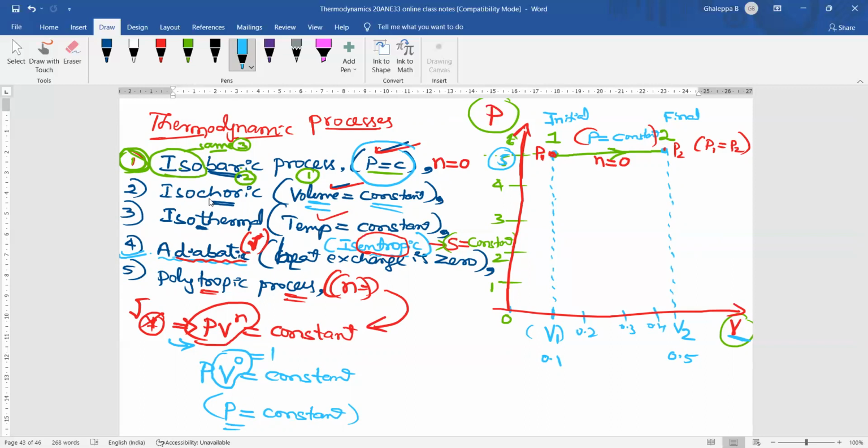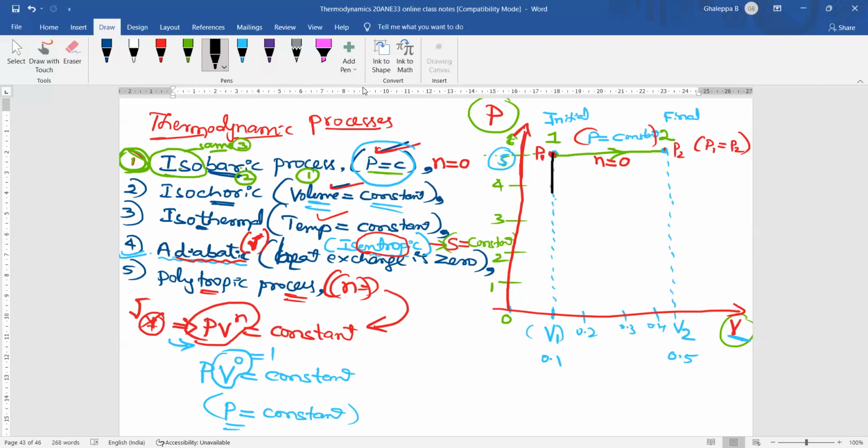So the initial volume is 0.1 meter cube, and the final volume is also 0.1 meter cube. And how will you represent it in the PV diagram? Vertical line or horizontal line? Initial point and final point should lie on the same line. Vertical or horizontal?